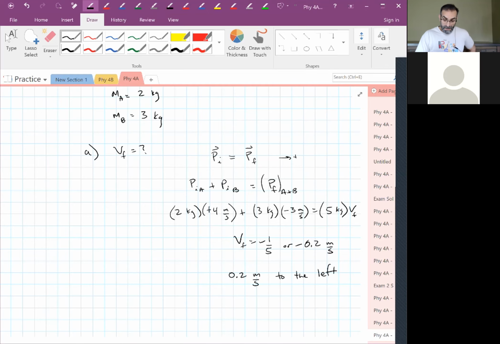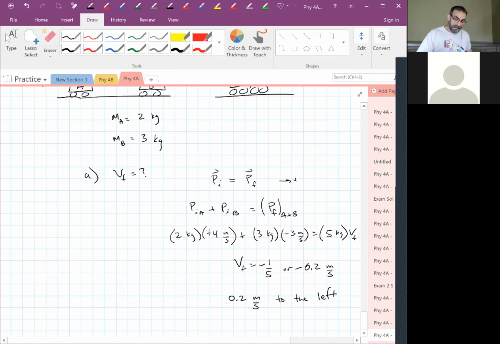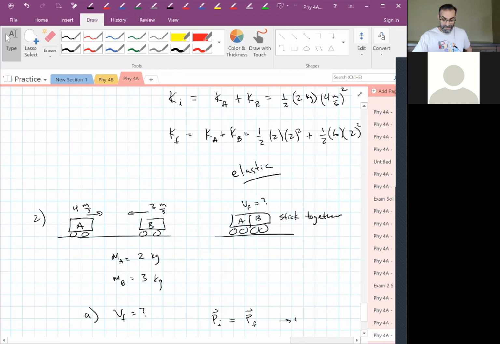Okay. Now, do we know if this is elastic or inelastic just by looking at it? Yes. It's inelastic because they stick together. But let's just do the calculation, make sure.